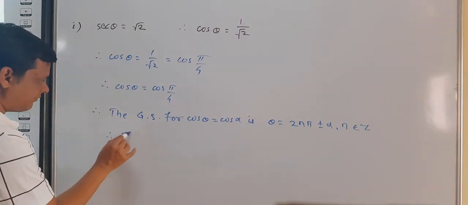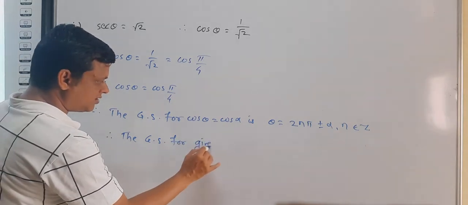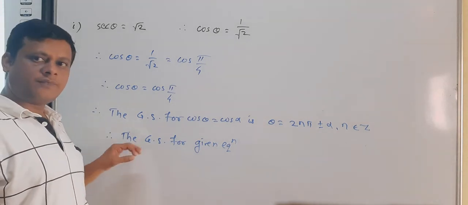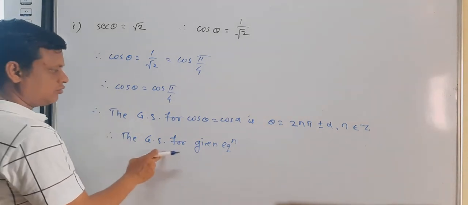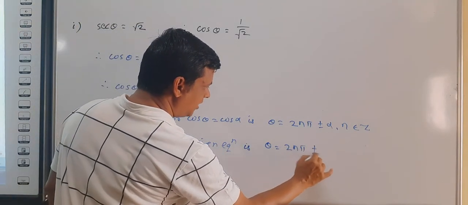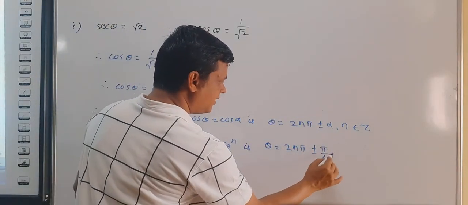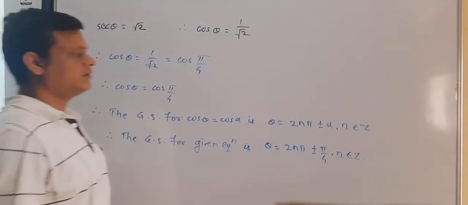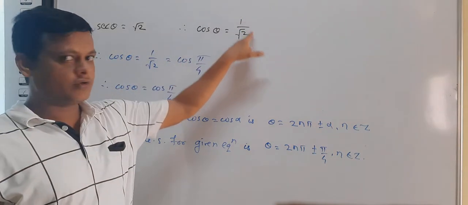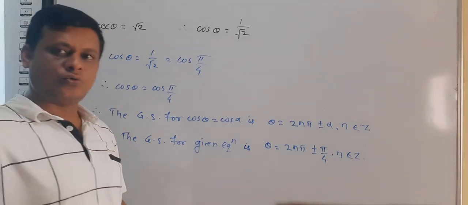So the required general solution for the given equation is theta equals 2 n pi plus or minus pi by 4, n belongs to Z. So this is the general solution for cos theta equals 1 by root 2, which is the general solution for sec theta equals root 2.